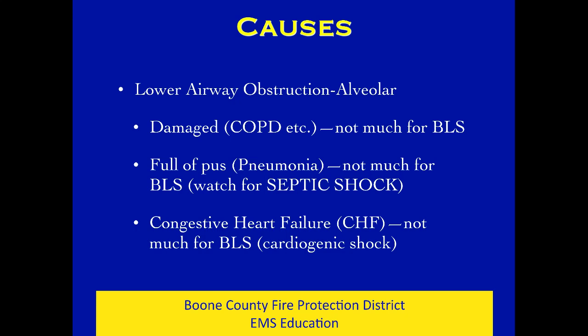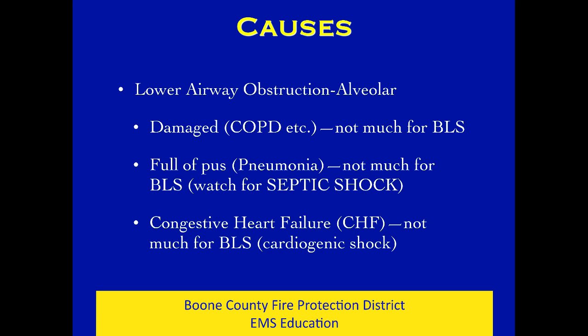So lower airway obstruction can also be an alveolar problem. Smokers, people that have inhaled, say, coal mine dust or other lung toxins like that, have actually damaged alveoli. And that would be in the case of your COPD patient, your emphysema or chronic bronchitis patient. You can also have pneumonia.